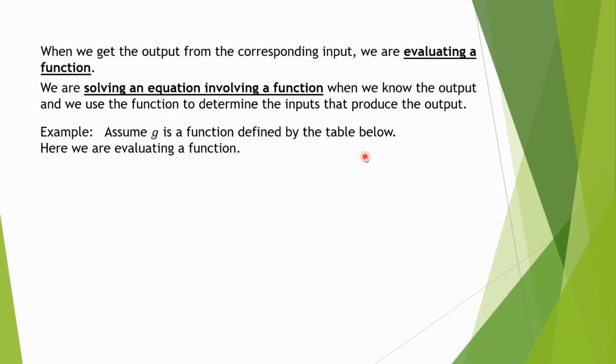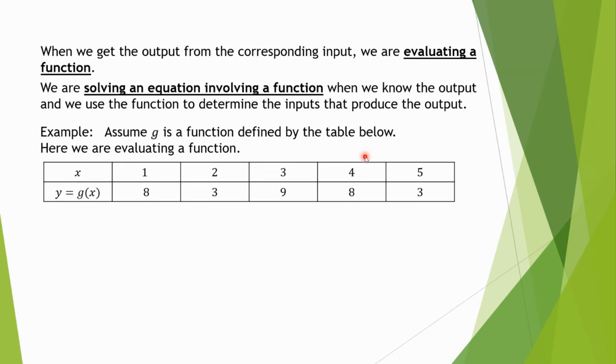Here we're defining a function, and I'm going to define it using a table. And that's what this is. I'm taking each element for x, each input, and the table specifies how you get the output from the input.